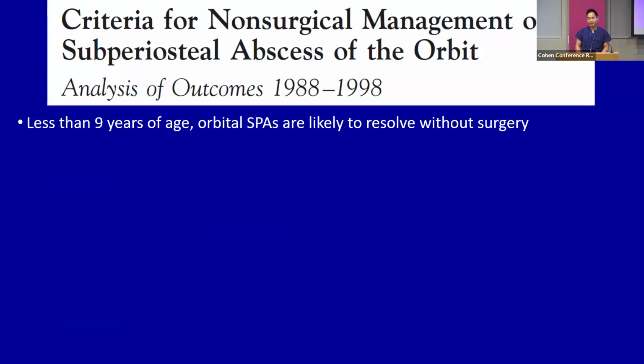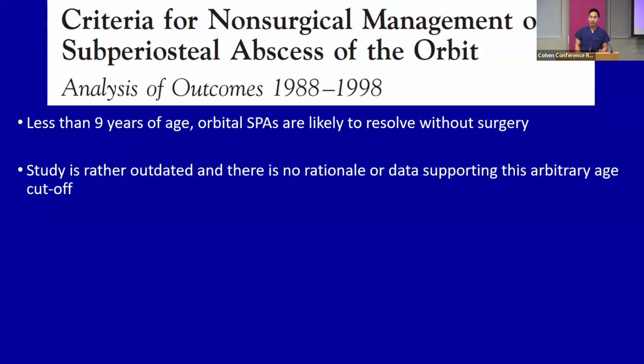So here's a paper that everyone quotes. It's actually in the American Academy of Ophthalmology. They keep saying, who would be a good candidate, a non-surgical candidate, and what are the likelihoods that they're not. So they talked about kids less than the age of 9 with orbital subperiosteal abscess can likely resolve without surgery.